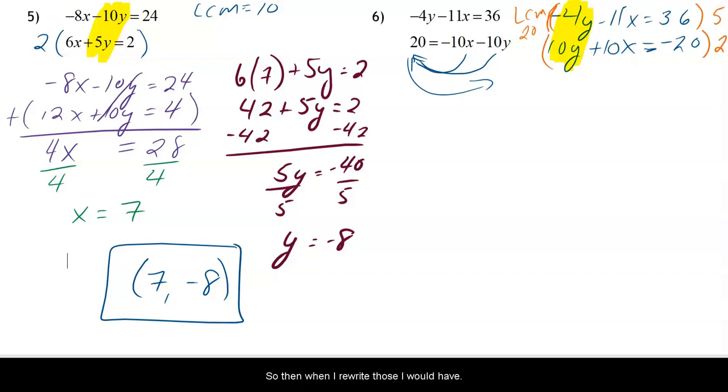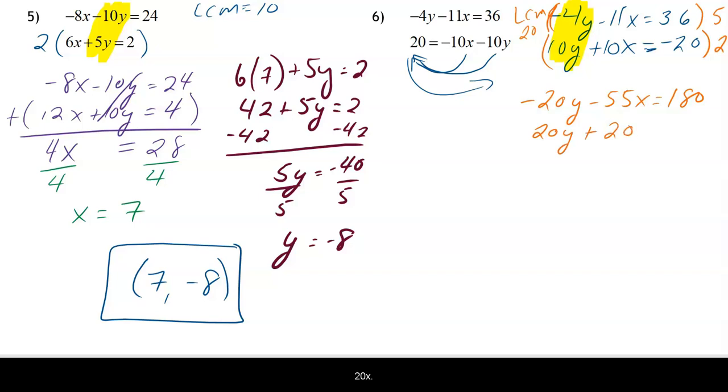So then when I rewrite those, I would have negative 20y minus 55x equals, and let's see, 36 times 5, 180. 2 times 10y would be 20y, 2 times 10x is 20x, and then negative 40.